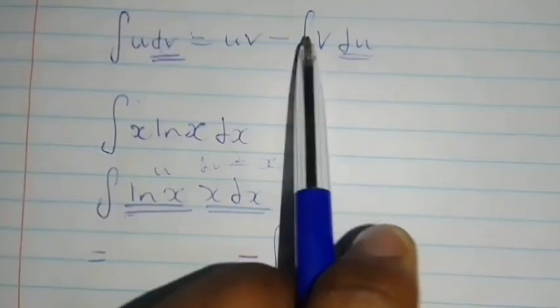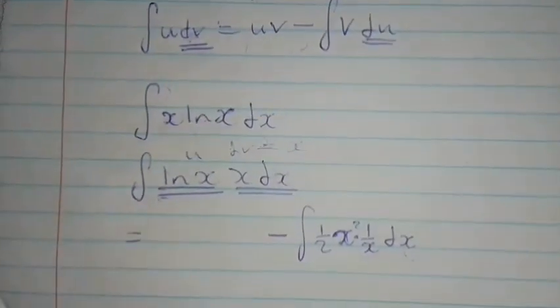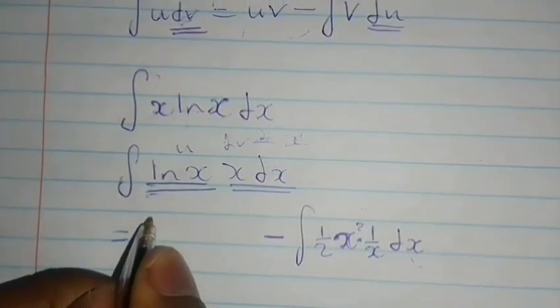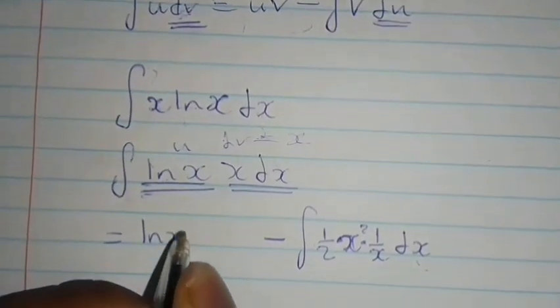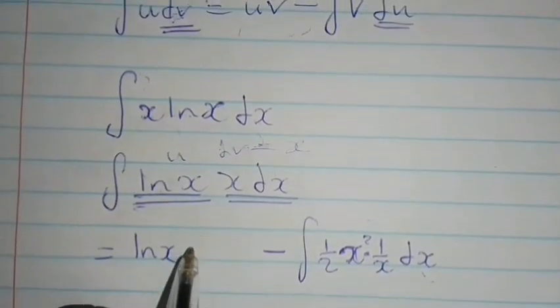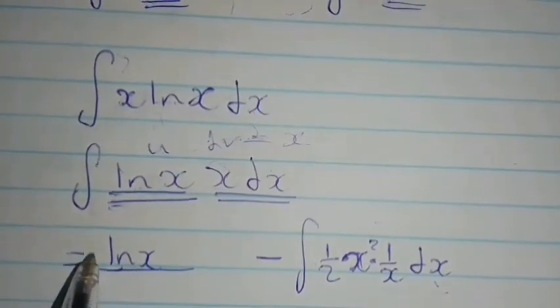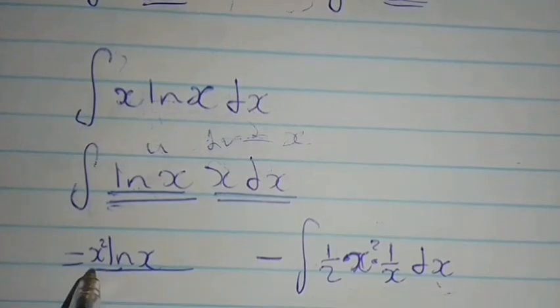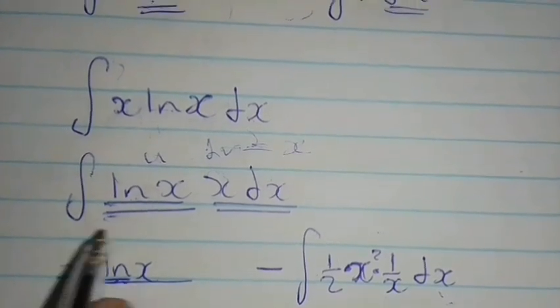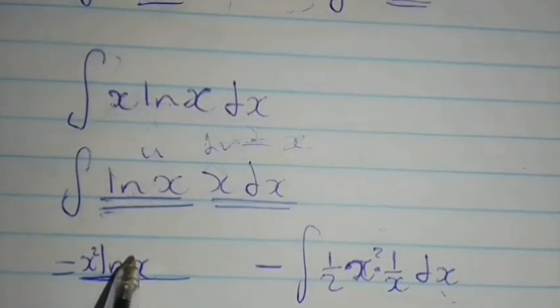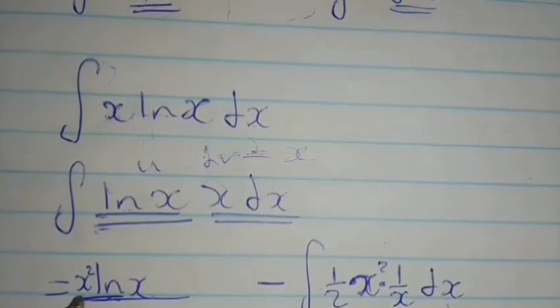Remember, I'm just following this formula. Now what's u? That's ln x. What's the integral of x? It's half x squared. So I can have the x squared in front. It still doesn't matter. I'm just doing it so you don't confuse this x with this other one.